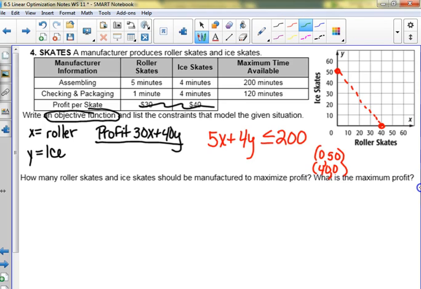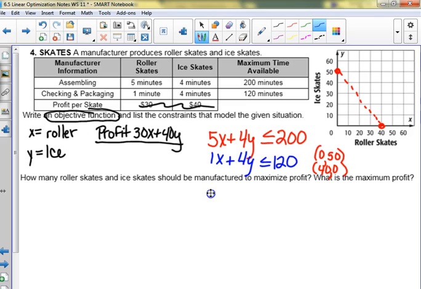Then our other constraint that I'll do in blue is we only have 120 minutes of packaging time available. Every time we make roller skates, we can throw those puppies in the packaging for how long? 1 minute it takes us. But the ice skates, we have to make sure we don't cut ourselves, so it takes us 4 minutes to package those.